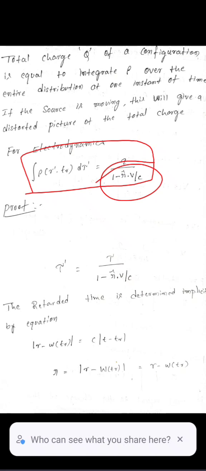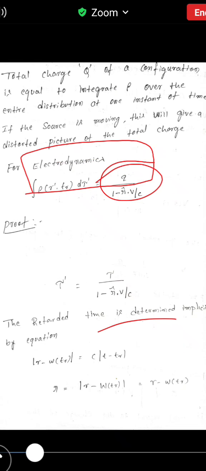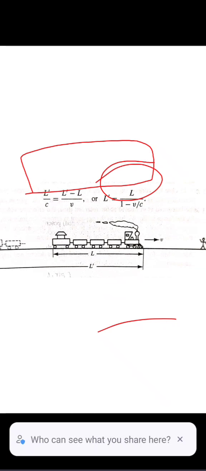For the proof of this correction, Griffiths' Introduction to Electrodynamics gives an example. Consider a moving train, when the observer looks at it. The train approaches the observer.